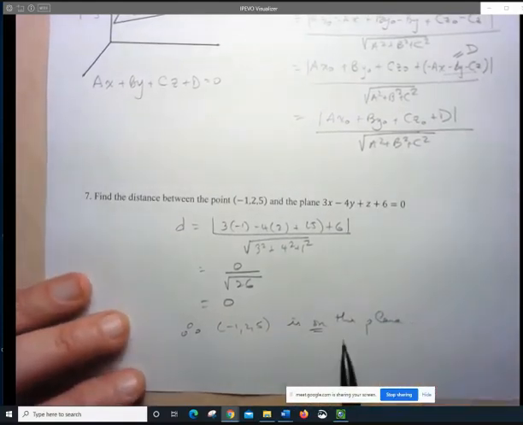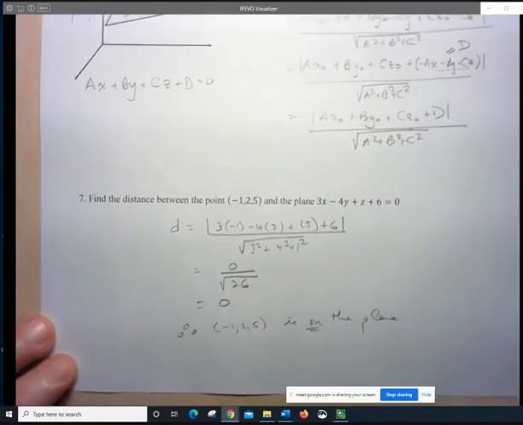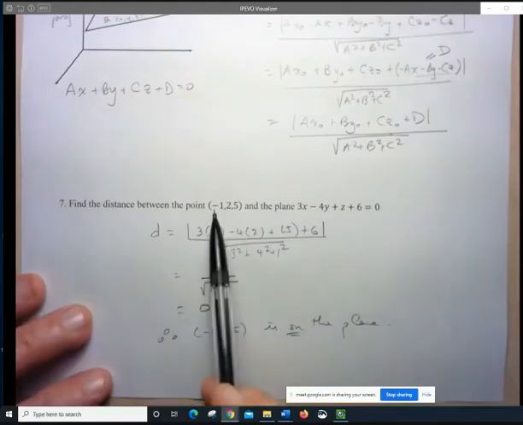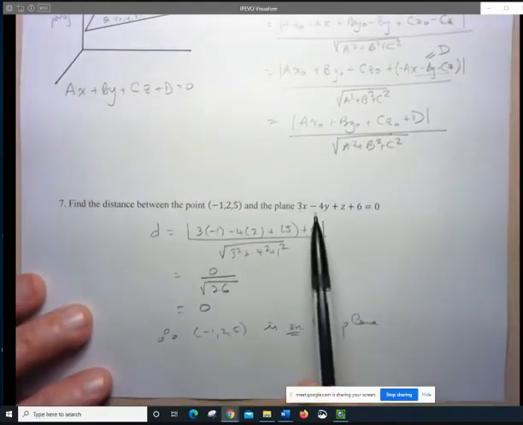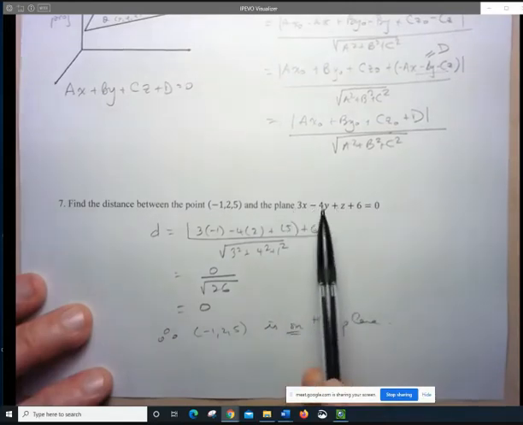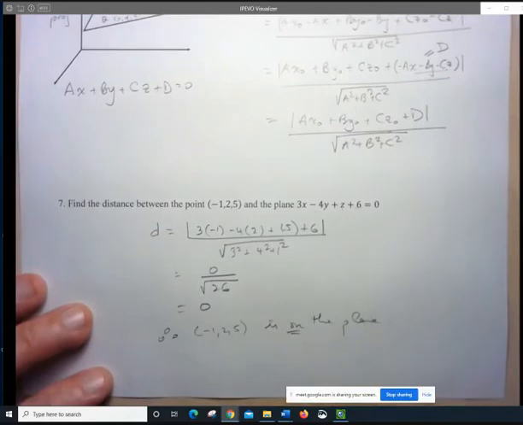Now, if I wanted to, what could I have done beforehand to check that this was the case? If I had any suspicions that this was going to be the case, what could I have done? There you go. Let's plug in the point and confirm that it's on the plane. Well, -3 minus 8 is -11, plus 5 is -6, plus 6 equals 0.